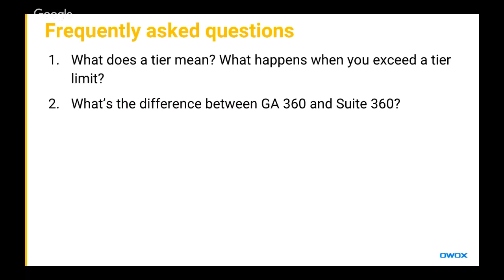The next question is, what's the difference between GA360 and Suite 360? So Google Analytics 360 Suite brings all of your accounts together into a single product experience. It's like a platform, a system where we can collect all your GA360 products.